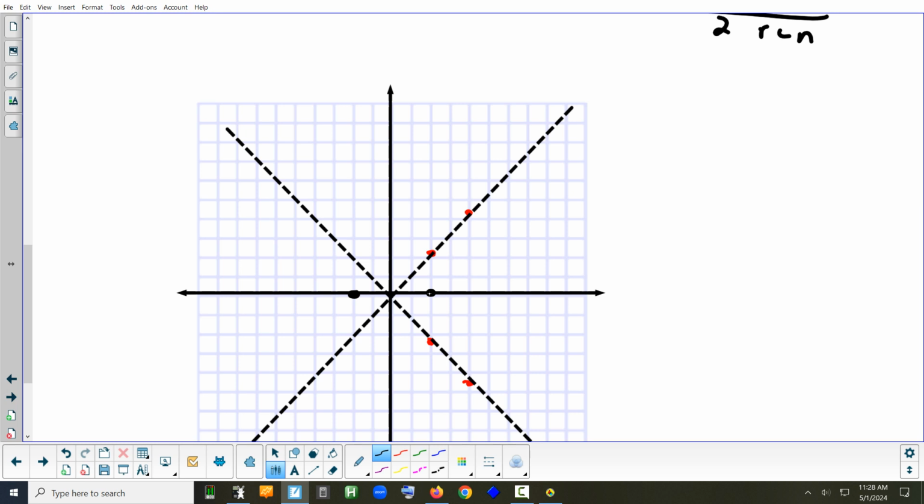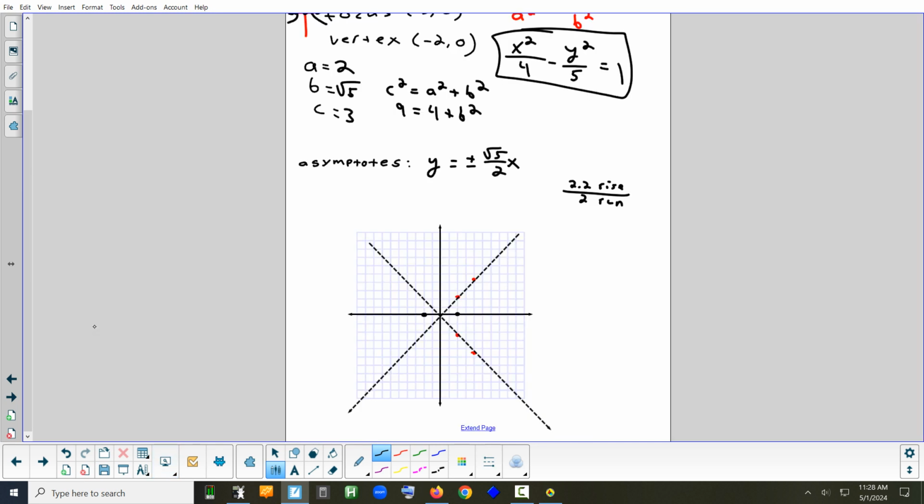And now we're going to draw our branches. Remember, as you draw them, they need to get closer to the dotted lines the further away from the origin you get. All right, so something kind of like that, and getting closer and closer.